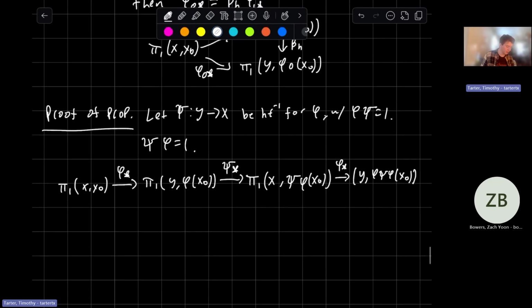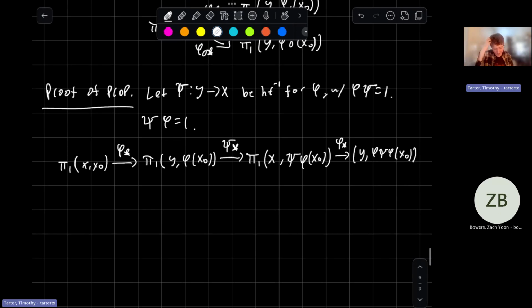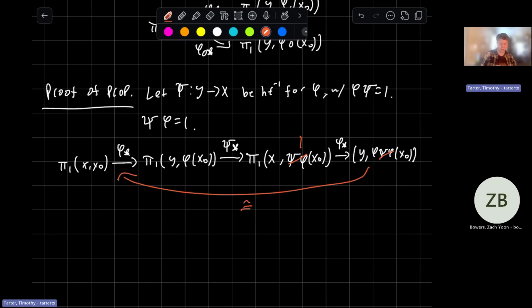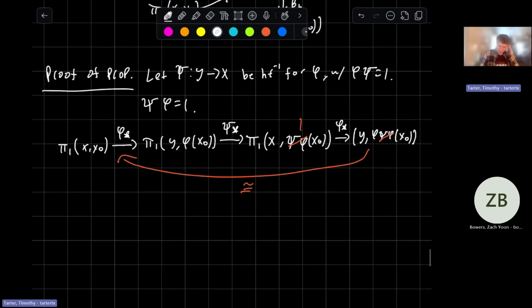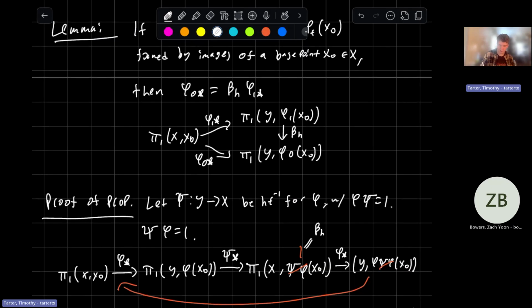Excellent, this feels like a tongue twister game. And then the idea is that this doesn't lose anything because these are mutual inverses. So this goes to 1, and since this goes to 1, this is just the first thing. And that's a group isomorphism. And then this is exactly beta h.